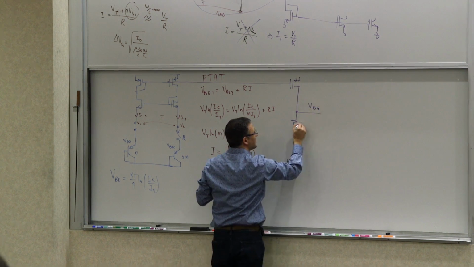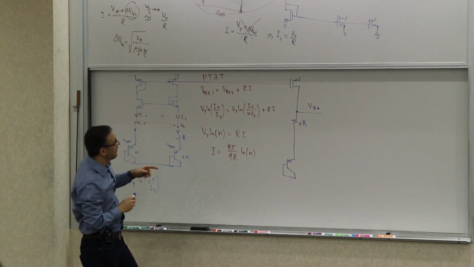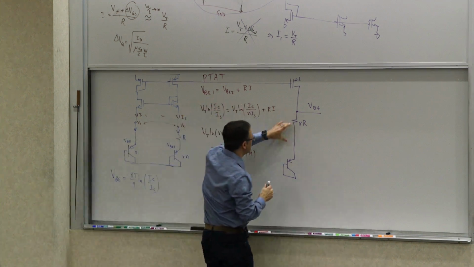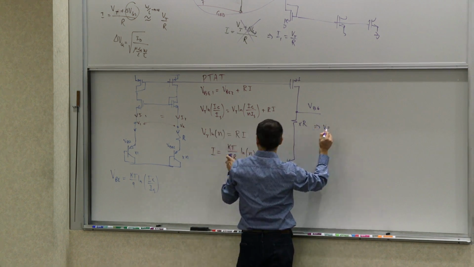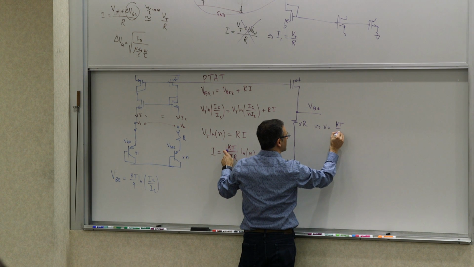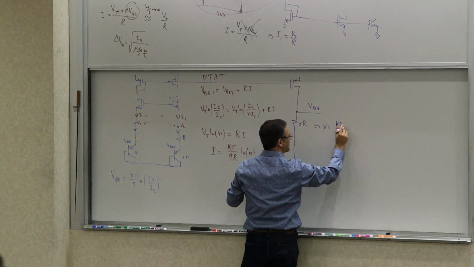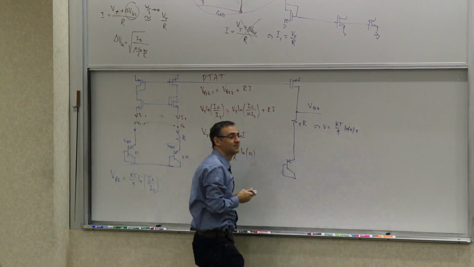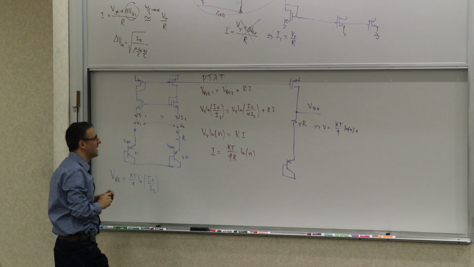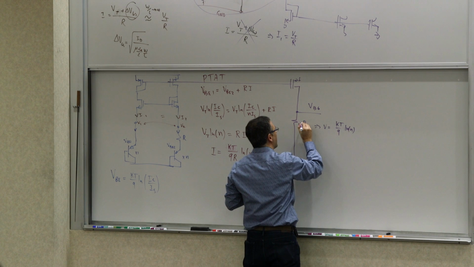And if you pick this resistor to be the right value, say X times R, this current going through this resistor will produce what voltage? It would produce a voltage that's this thing, kT over q. The R's cancel, you get times m times natural log of n. X is not probably a good symbol, let's just make it m.